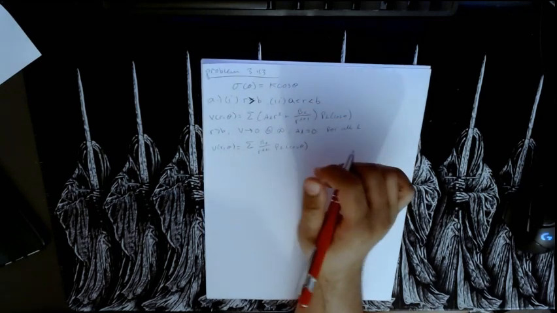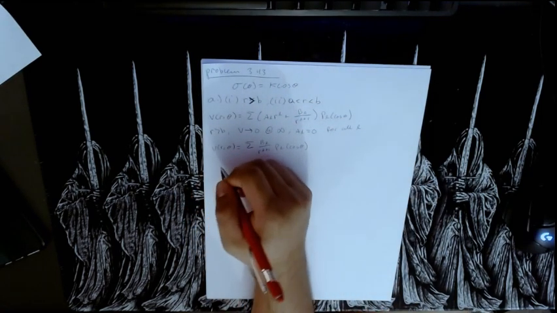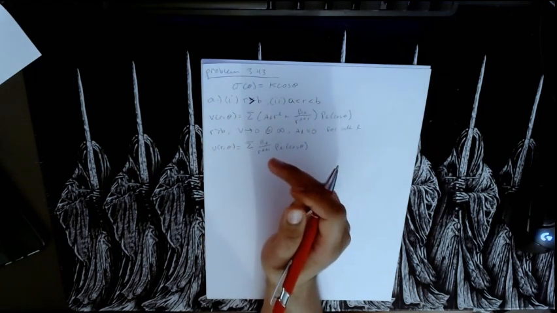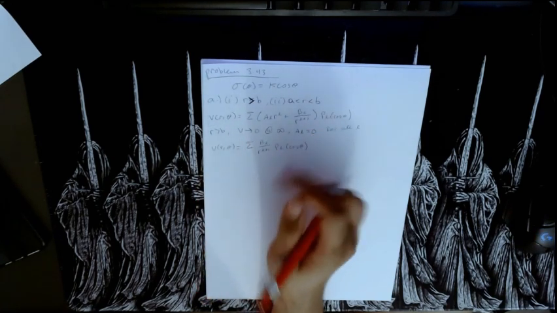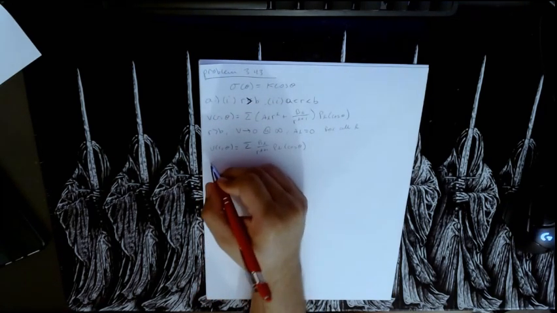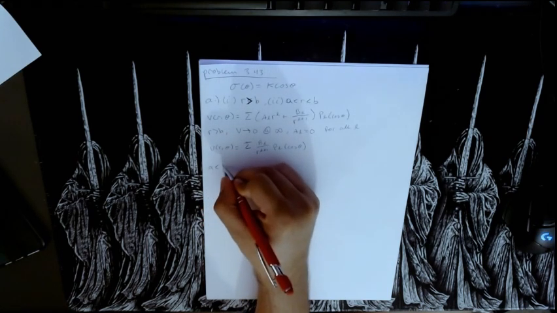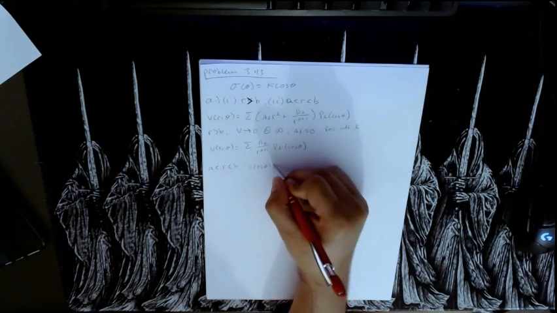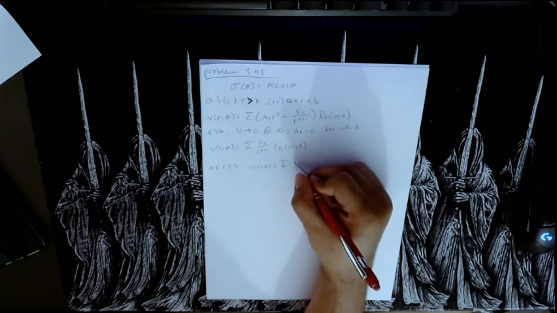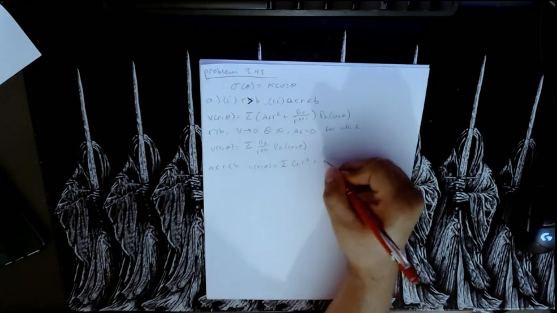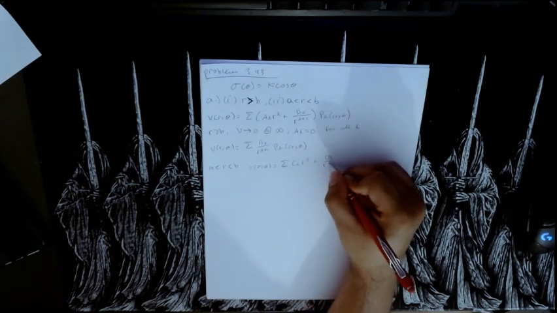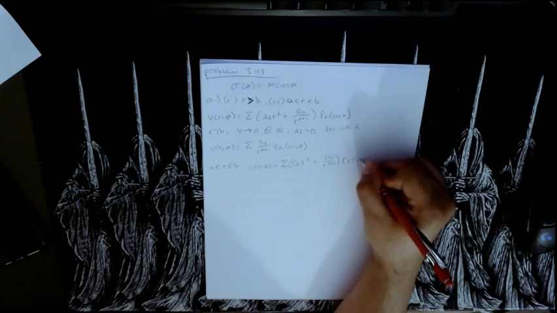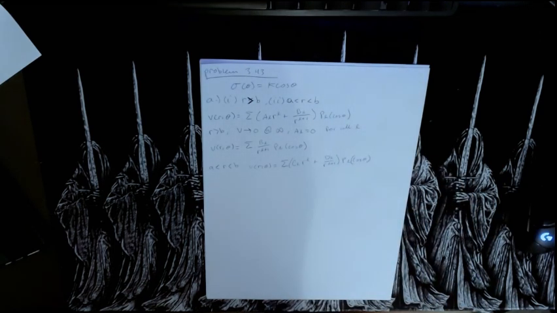Alright, so for our second region, since this is another region, I'm going to use different coefficients. This still applies, so between A and B, our potential is going to be the summation of C sub L R to the L plus D sub L over R to the L plus 1, times the Legendre polynomial.